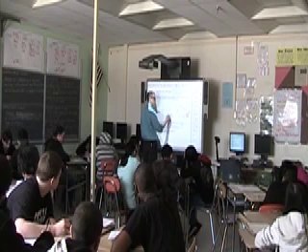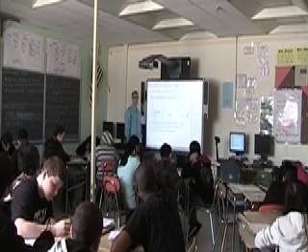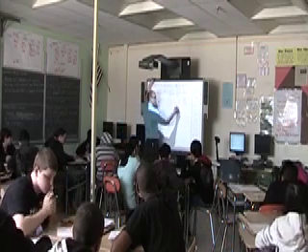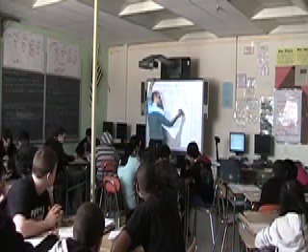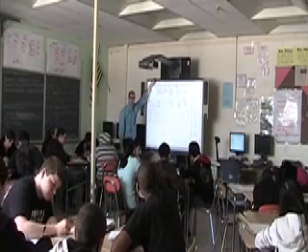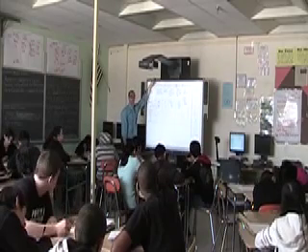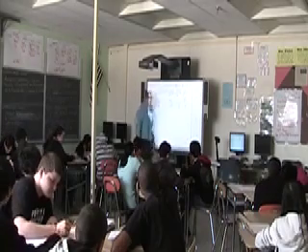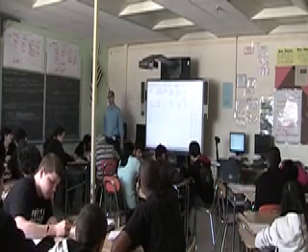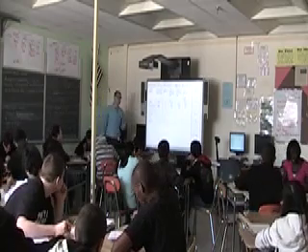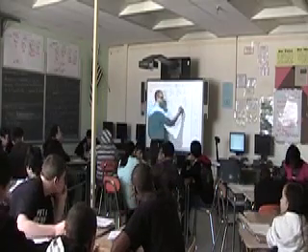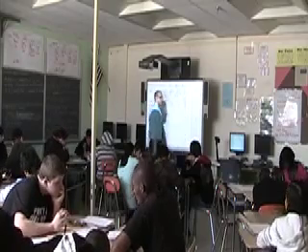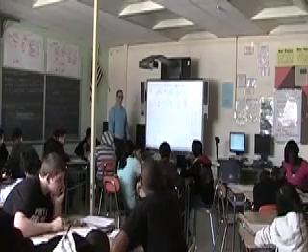That means that has to be 90, because 90 plus 90 is 180. So if this is 90 degrees, what's the total number of degrees in all the exterior angles? 360. So I took 4 90s, and I made 360. Does this bother anyone? No?